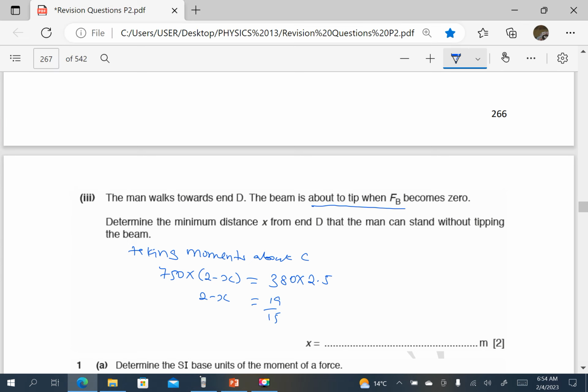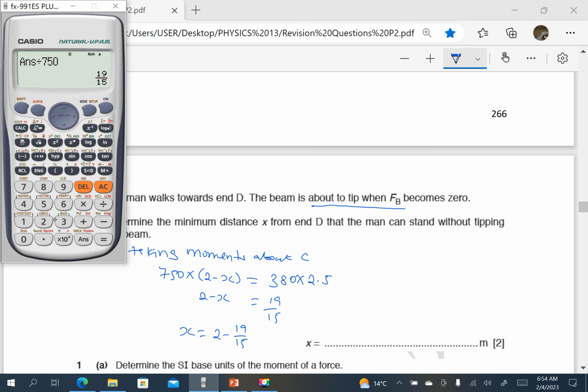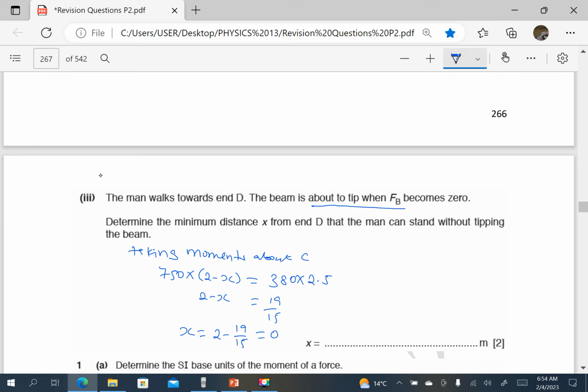I want x, so x is 2 minus 19 over 15, which is 11 over 15, that is 0.73.